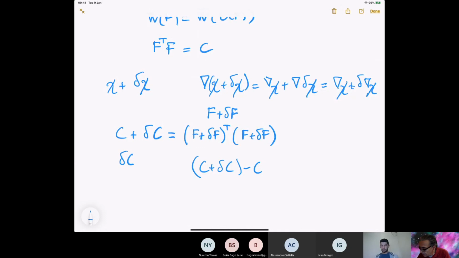I continue this calculation, and I will estimate this variation of c.